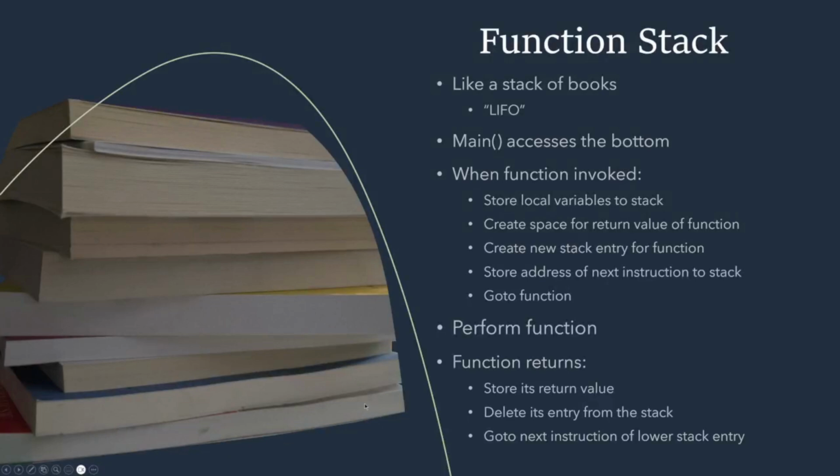Then when you execute a function, all of that stuff is stored on the stack, and then a new frame is created on top. Then once that function ends, that frame is stripped away, and it goes back to the bottom of the stack, or the next thing underneath. So last in, first out, if you think about it, if you go 0, 1, 2, 3, then you want to get all that stuff back.